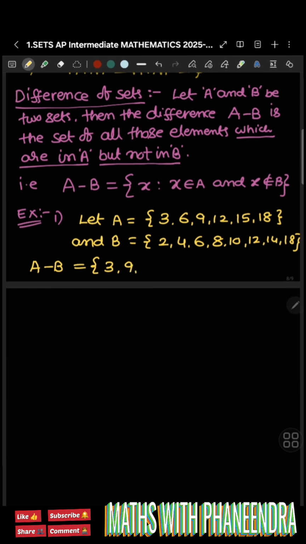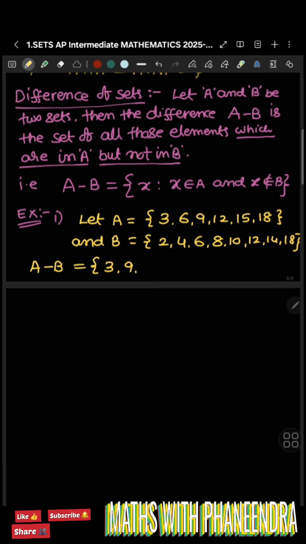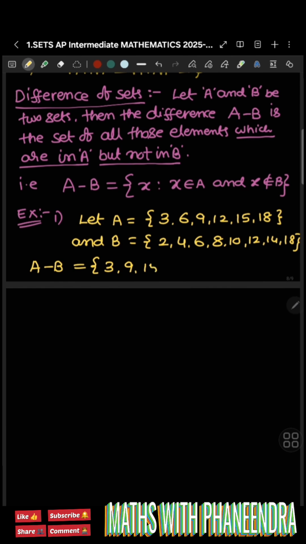Because this is not there. 12 is also there, so 15 we can take. 18 is also there. So what are the elements we have? 3, 9, 15.